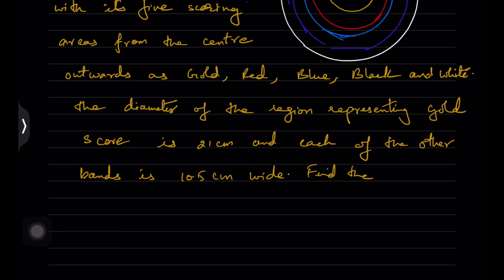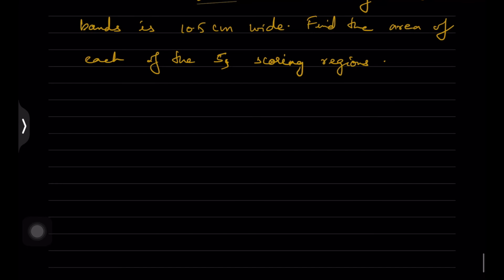Find the area of each of the 5 scoring regions. So how do we do this? We'll just see the solution.